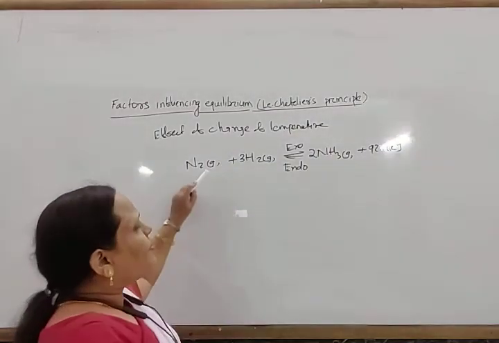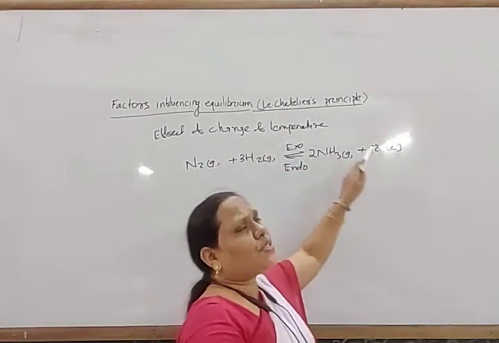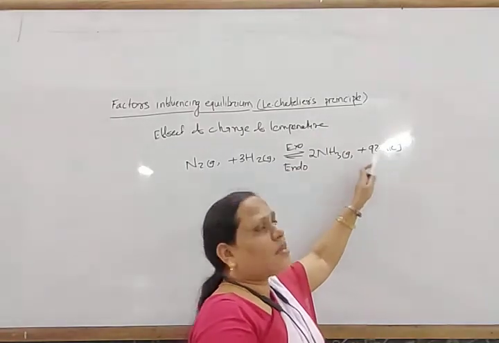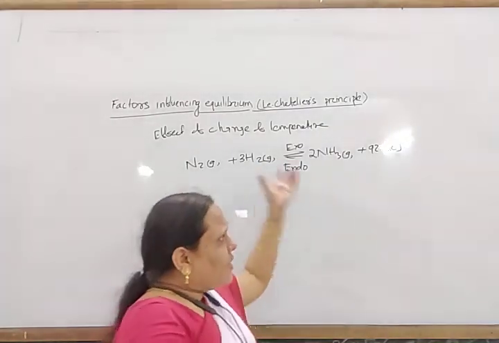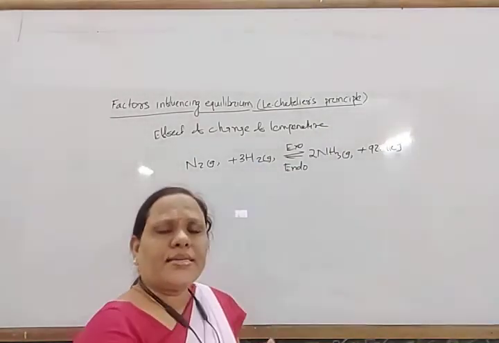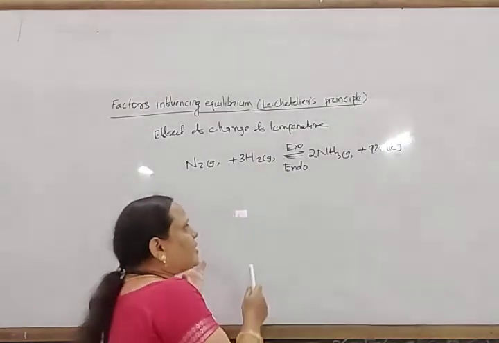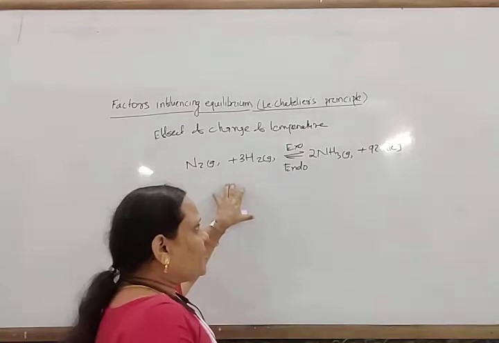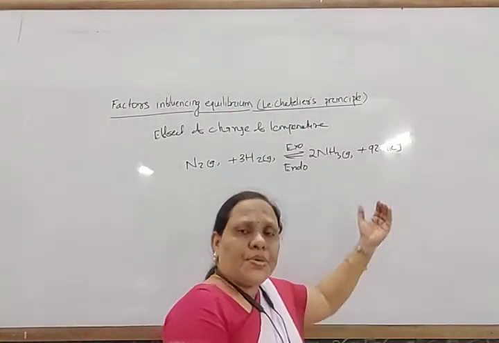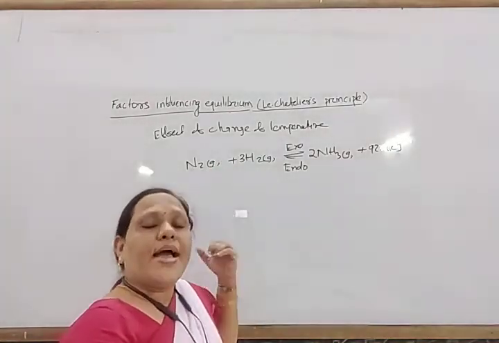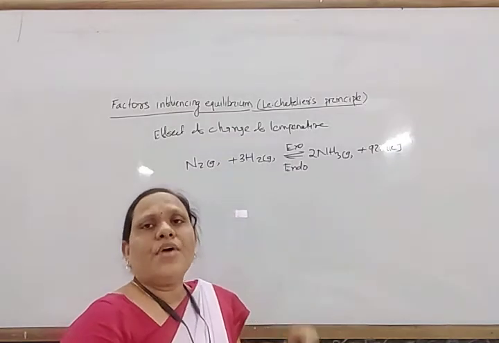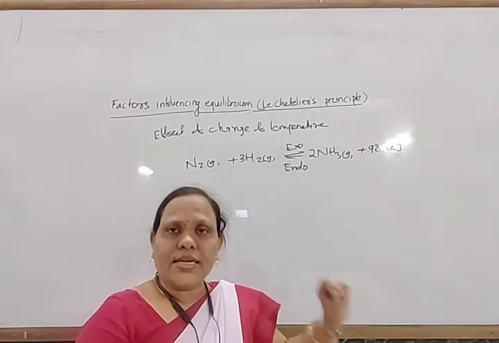But look here, N2 gas and 3H2 gas give rise to 2NH3 gas plus some amount of heat. So it gives heat. If we supply heat, then how can this reaction proceed? So by increasing the temperature, the equilibrium will shift towards endothermic, and by decreasing the temperature, the equilibrium shifts towards exothermic.